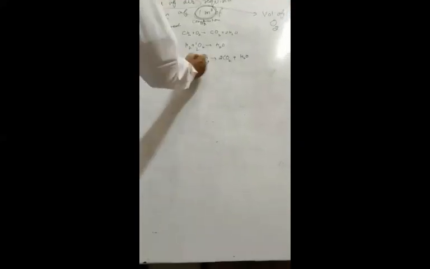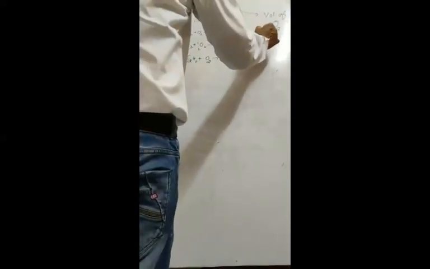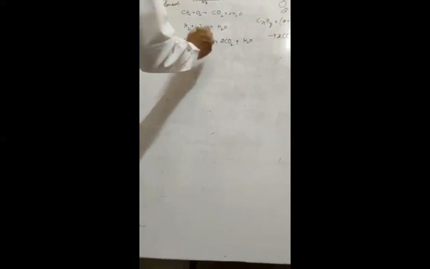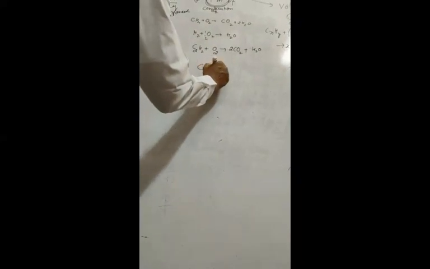Now if we need to balance the equation, we can balance it using the general molecule we used in the previous equation, CxHy, plus oxygen gives CO2 plus water.